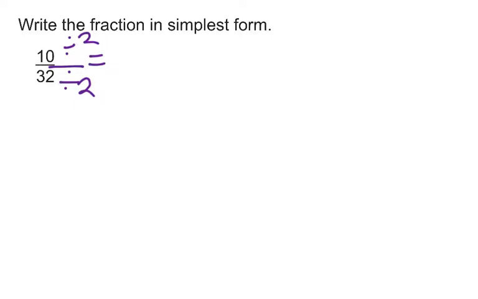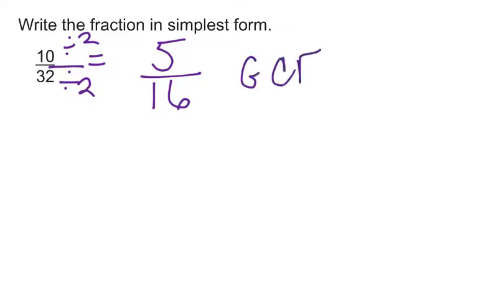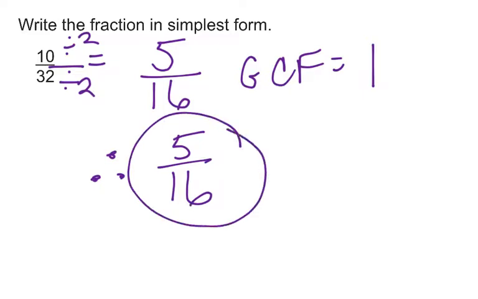So we can factor out a 2, which would give us 5, because 10 divided by 2 is 5, over 16. And then I can look at this, and my greatest common factor between 5 and 16 is 1. Therefore, 5/16 is in simplest form. So 10/32 written in simplest form is 5/16.